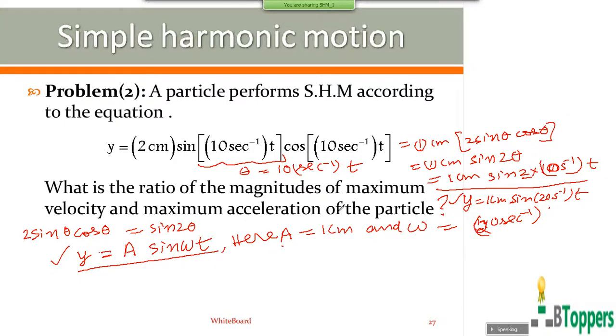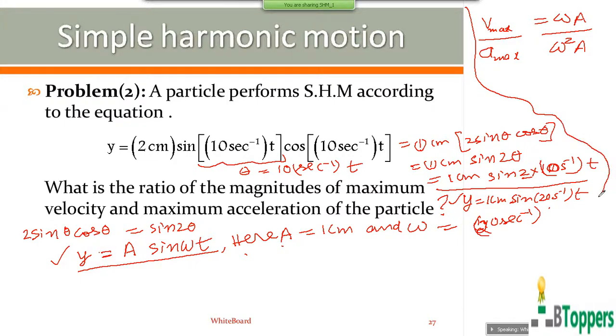So you have to compare the maximum velocity and maximum acceleration. So maximum velocity of the particle in simple harmonic motion, the magnitude of the maximum velocity is given by omega into a. The magnitude of the maximum acceleration you can write omega square into a.